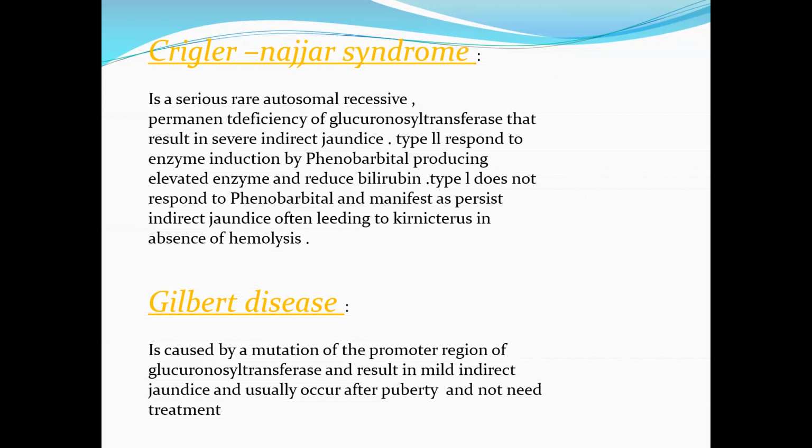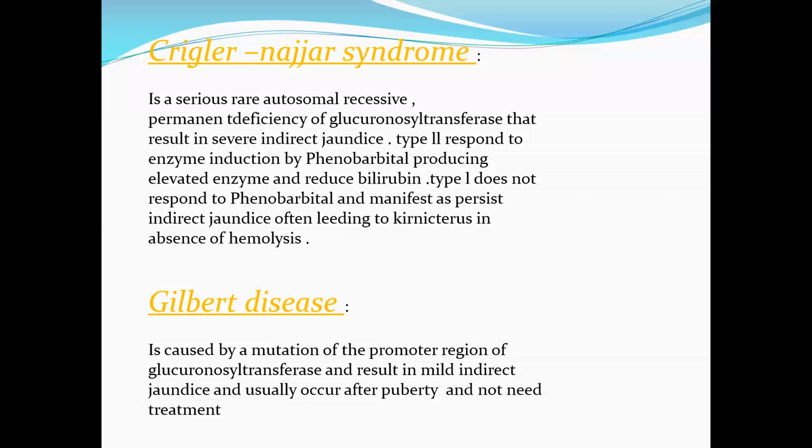Keep in mind this possibility: if we have a high level of indirect bilirubin in absence of hemolysis, you should think about Crigler-Najjar syndrome.